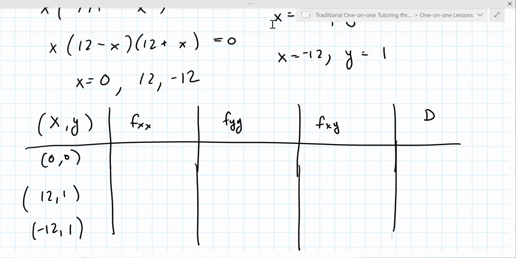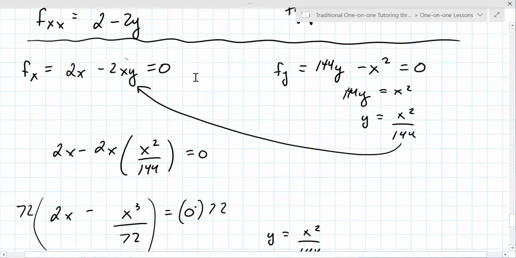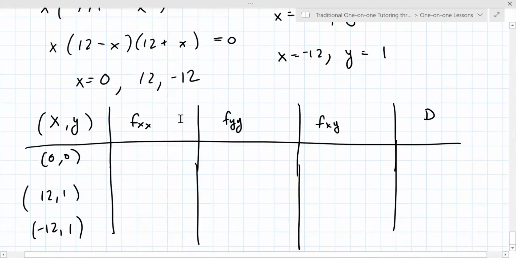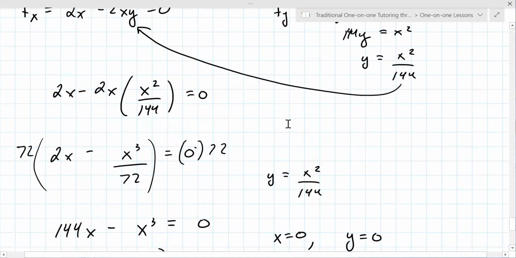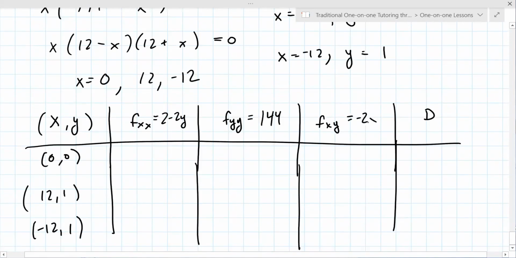Okay, so our fxx, go back here, this was 2 minus 2y. What was fyy? Is it 144? Let's see here. 144, and then minus 2x. So we want to get these values.